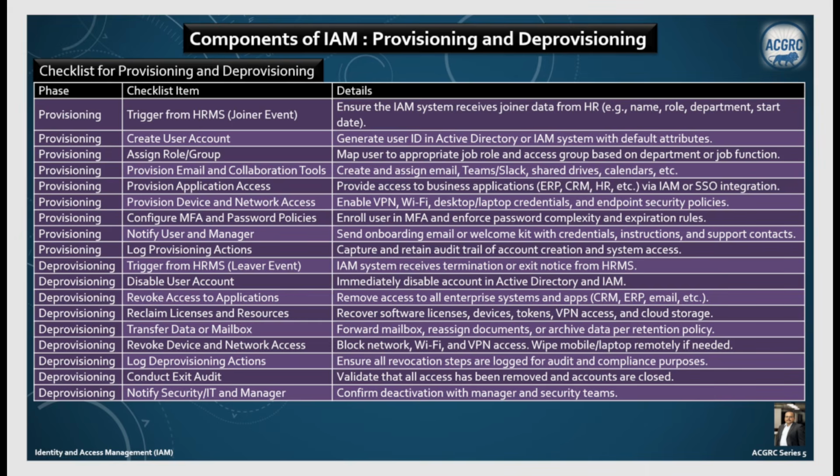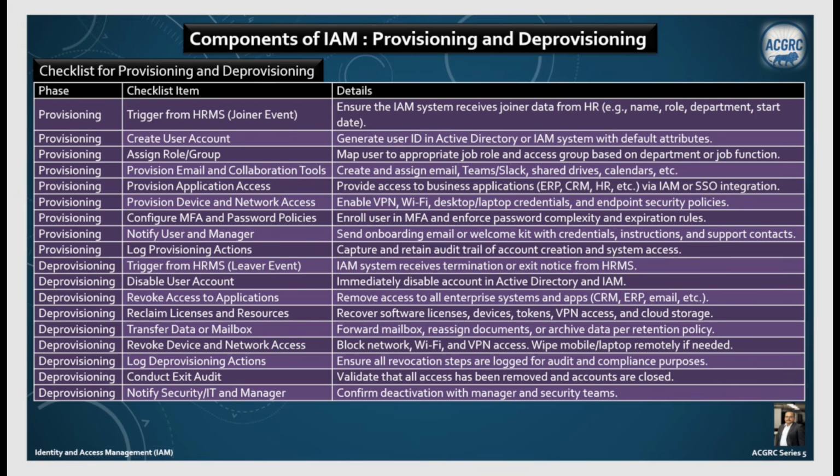In this, the trigger is from HR, that is a leaver event. The IAM system in this case receives the termination or exit notice from HRMS. It immediately disables the account in Active Directory and IAM. It removes access to all enterprise systems and apps, whether it is CRM, ERP, email, etc. It recovers the software license, the device, the token, the VPN access, and cloud storage.